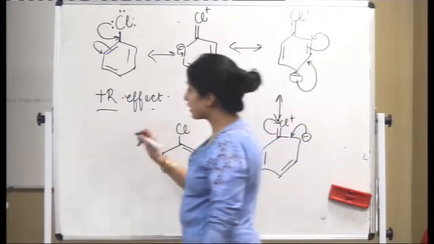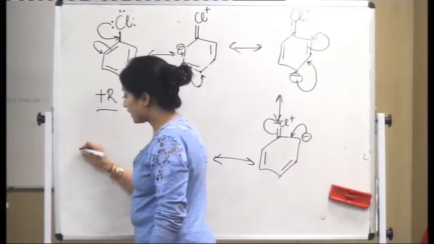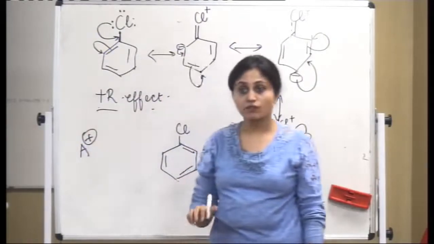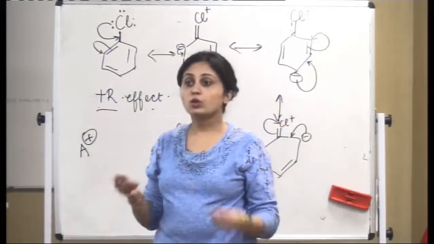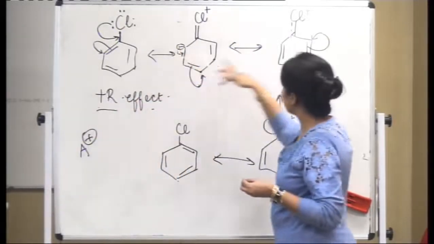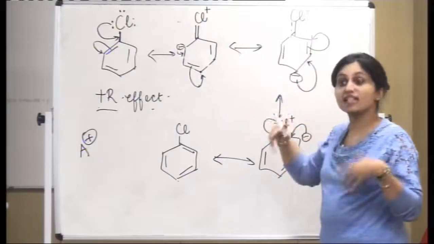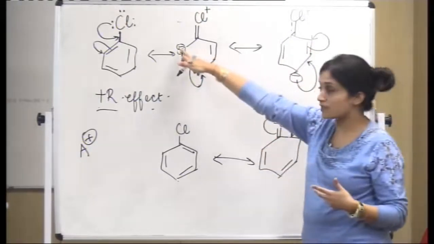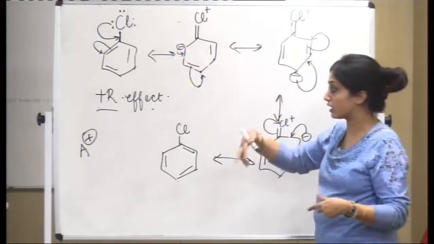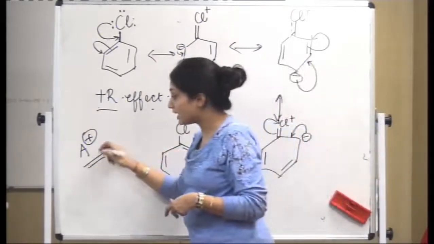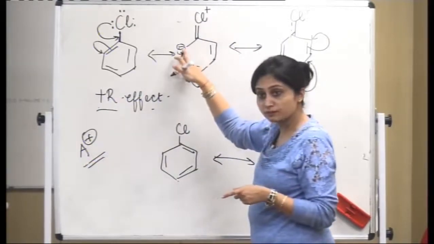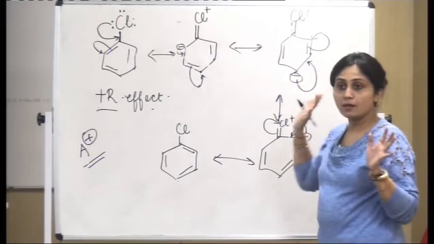So that means if I have an electrophile, any species which is positively charged, which is electron deficient, where will any electrophile go? It will go where the electron density is more. And where is the electron density more? Where there is a minus charge, because minus charge means that it has taken up the electron density. So my incoming electrophile will only attack either at the ortho position or at the para position.